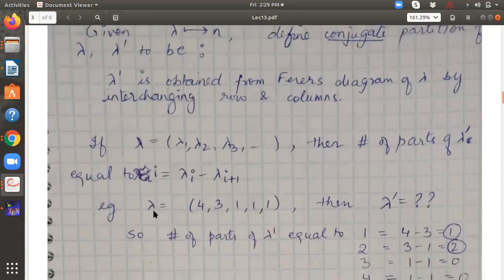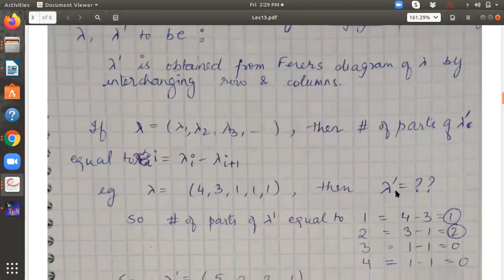Therefore, if you take lambda to be 4, 3, 1, 1, 1, then to determine lambda prime, you start from this. The number of parts of lambda prime which are equal to 1 is lambda_1 minus lambda_2, so 4 minus 3, which is 1.